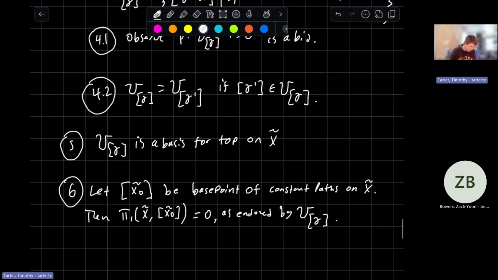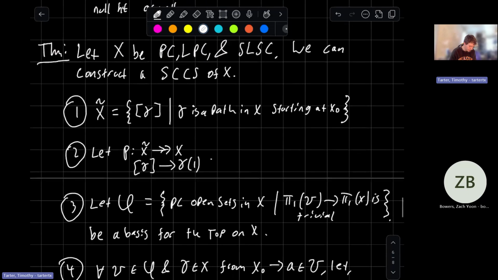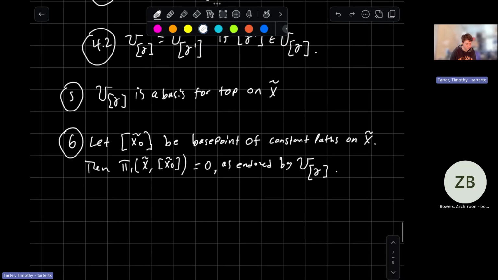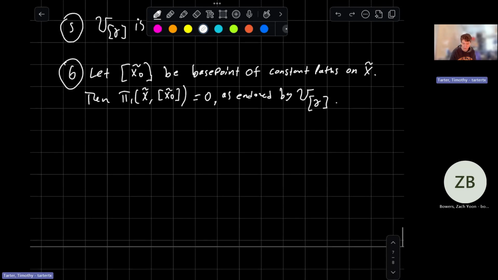Here we really need to prove that this P is continuous, but it's just kind of a standard proof, I think.